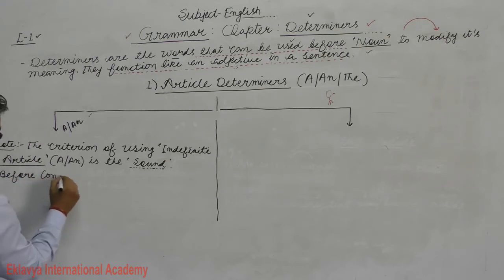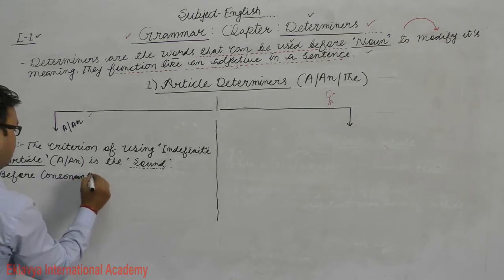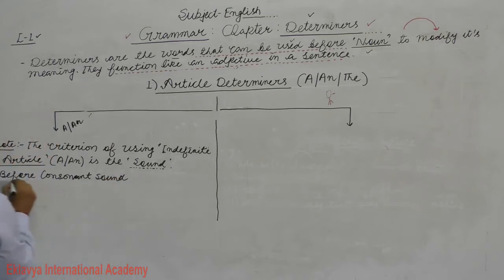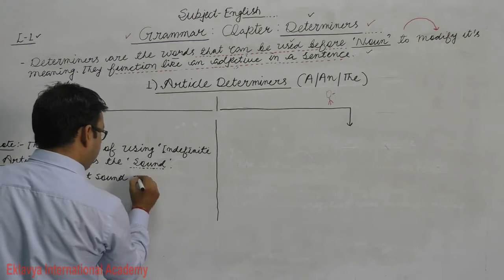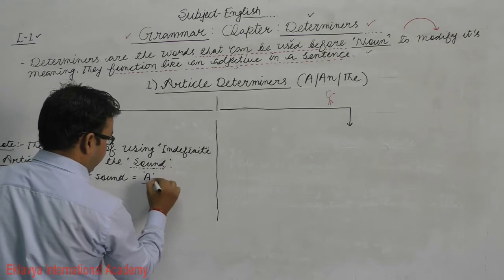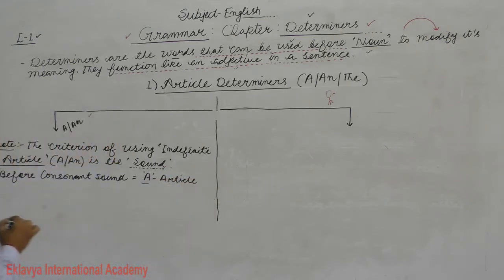Before consonant sound, before consonant sound, we'll use the article a. Okay, before consonant sound we'll use the article a.